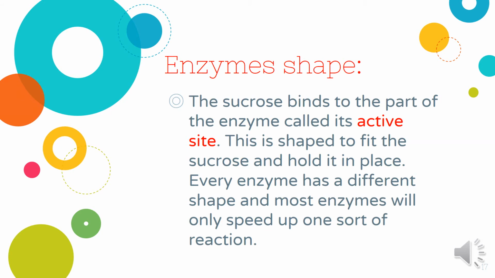So we have the carbohydrase acting on carbohydrates, and we have the protease acting on proteins to turn them into amino acids. And then we have the lipase, which acts on fat molecules to turn them into fatty acids plus glycerol. So the enzyme is going to speed up only one sort of reaction. Remember this.